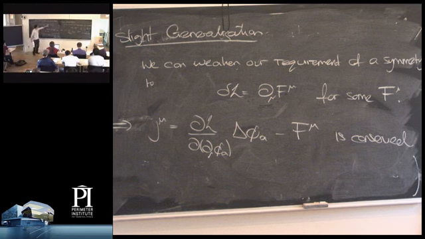It's the thing we had before, but this is equal to d mu f mu. So if I just subtract off the d mu f mu, then I've still got a conserved current.